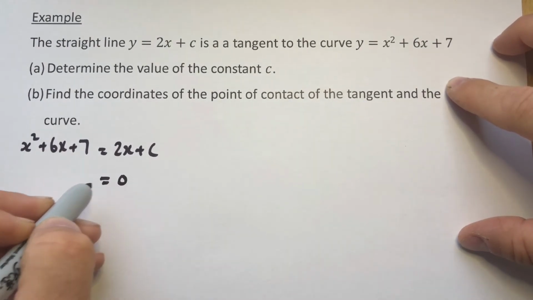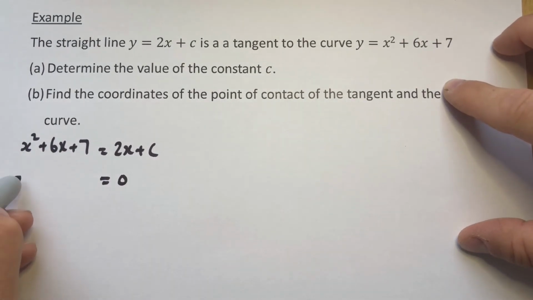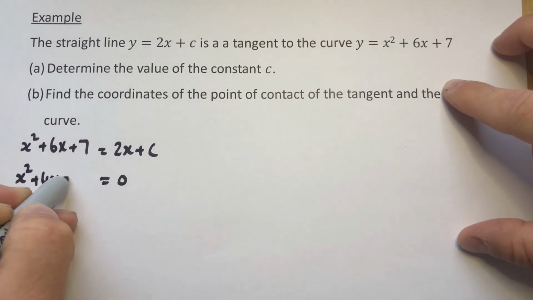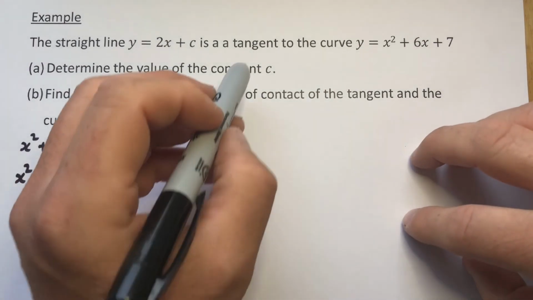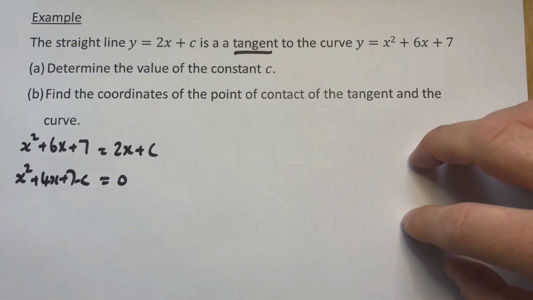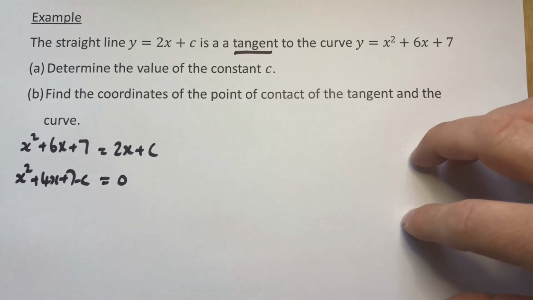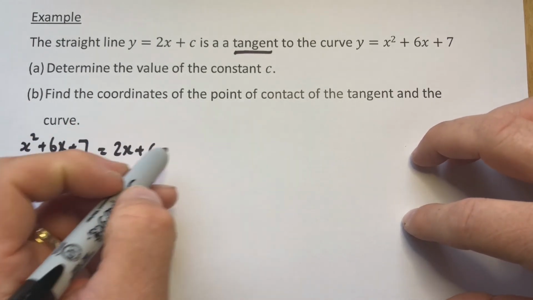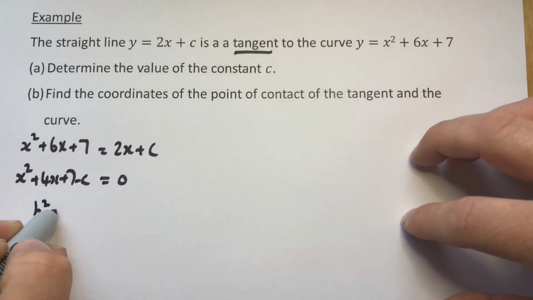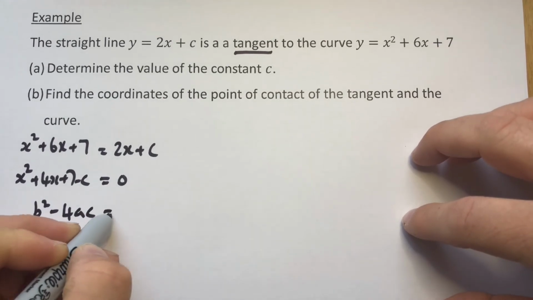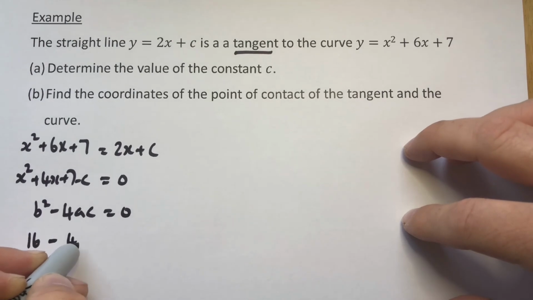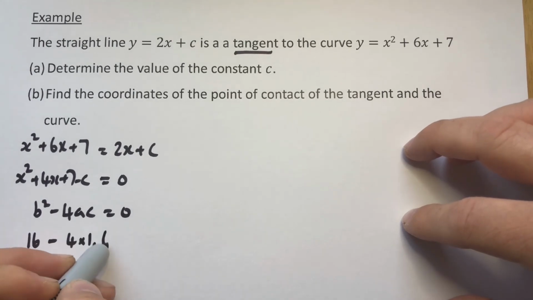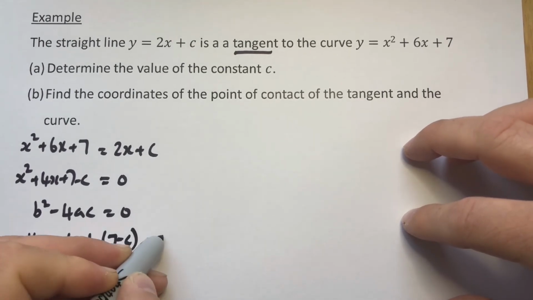If I rearrange that to equal 0, then we have that x squared plus 4x plus 7 minus c equals 0. Now, if it's a tangent, then it means that there's one repeated root. So in other words, we've got to look at b squared minus 4ac equal to 0. So b squared minus 4 times a times c equal to 0.